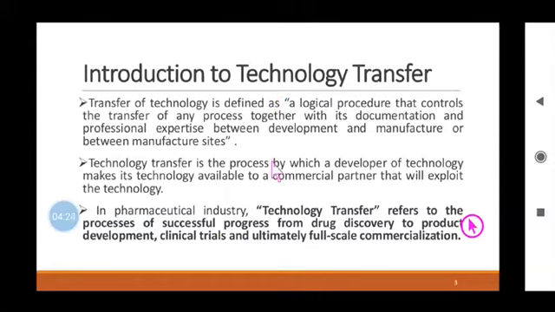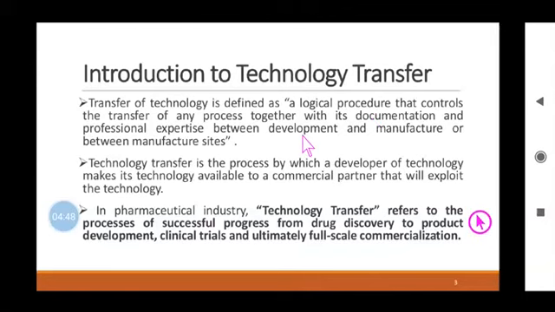So as I told you, it is a logical procedure that controls the transfer of any process together with its documentation and professional expertise between development and manufacture, or between manufacture sites. So here the transfer of this process between development and manufacture.